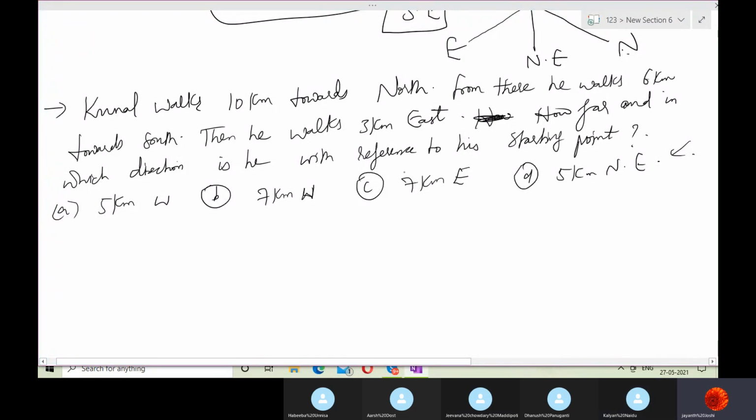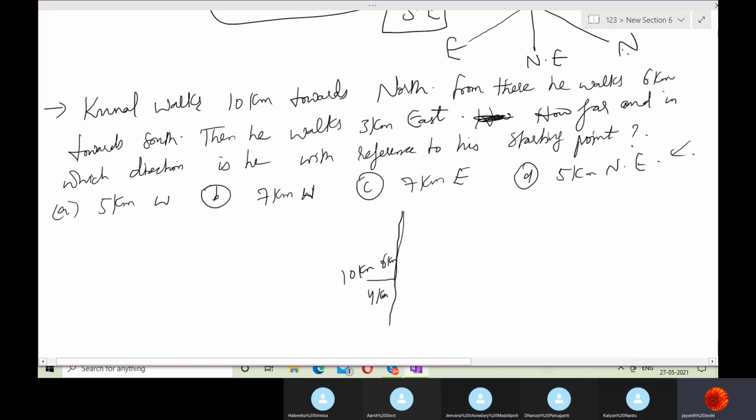So Kunal walks 10 kilometers north. From there he walks 6 kilometers towards south.